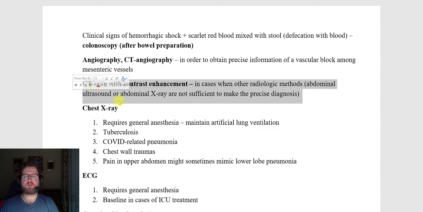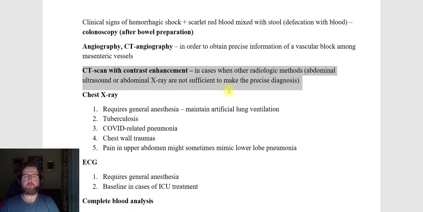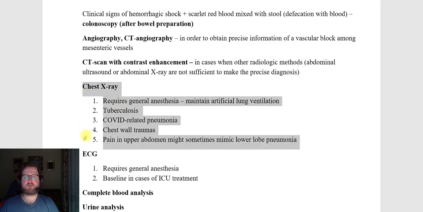CT scan with contrast enhancement might be used when previous methods present insufficient information, or you see that it's not enough for your decision making. Chest X-ray, together with ECG, gives us information which will help in performing and maintaining general anesthesia with vital support.